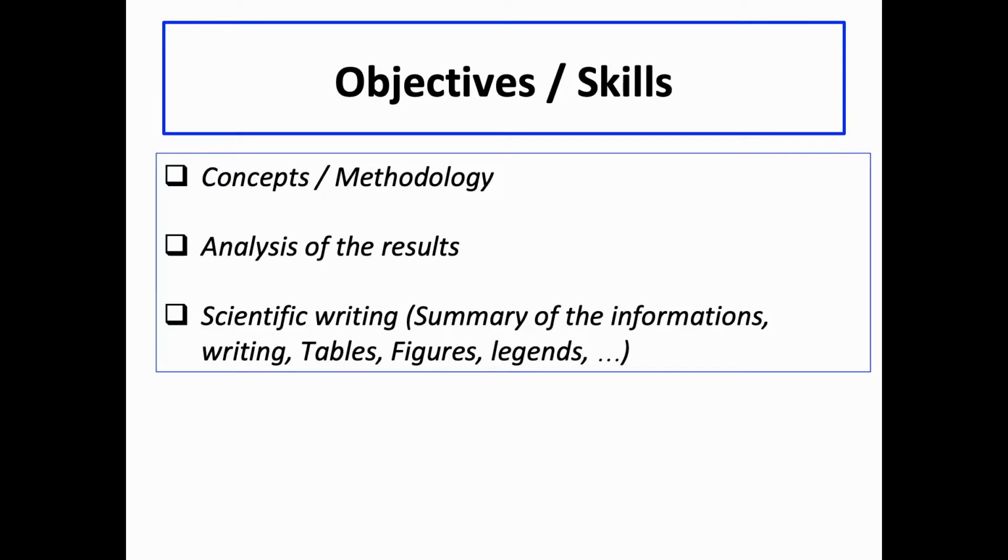The second one is how to analyze your results. What are the key points? One of the important things we see in this class is that with the same results, you can analyze them in several ways.